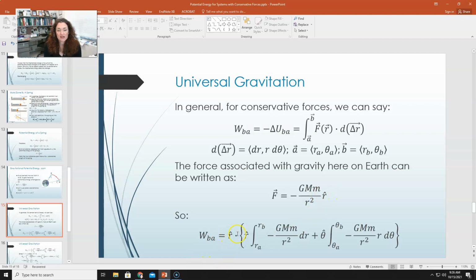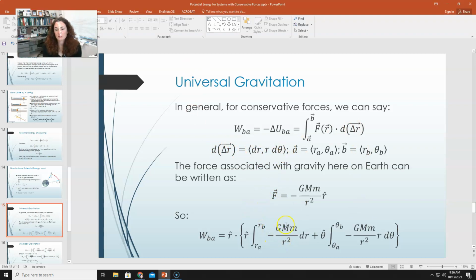We would have r hat dot r hat times the integral from r A to r B of minus G big M little m over r squared dr, right? And then we would have the force, minus G big M little m over r squared r hat, dotted with the theta hat component, which would be theta hat times the integral from theta A to theta B of minus G big M little m over r squared r d theta, okay? So what I'm doing is the dot product of this force with each one of these little d delta r's in turn, okay?